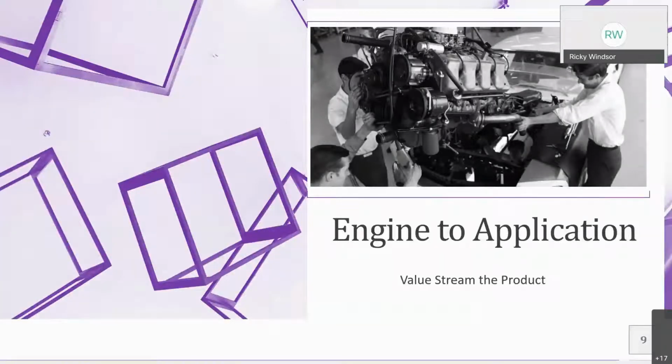So now that we've encapsulated the high-level Agile mechanisms to help us get there, I really want to focus on what I call the engined application, which is developing a value stream product.